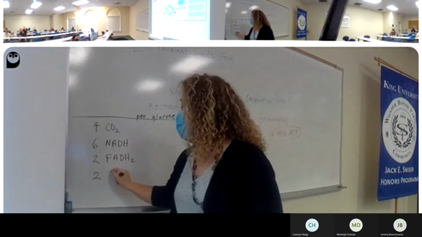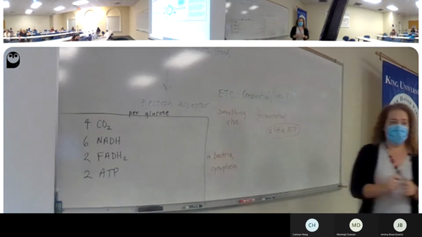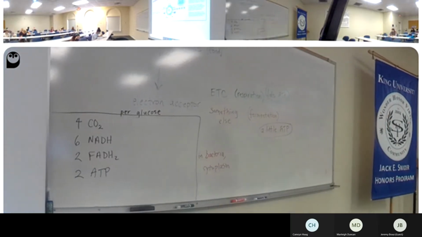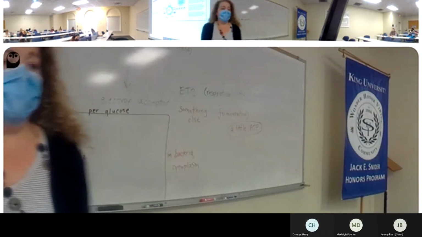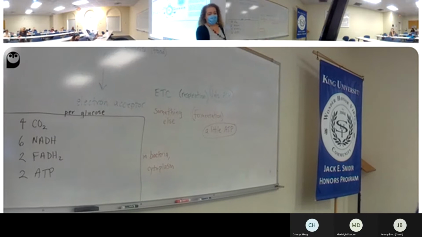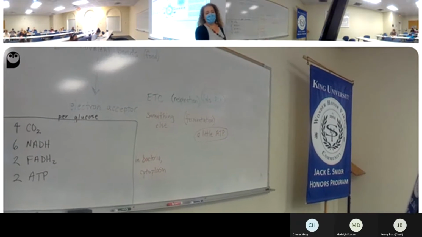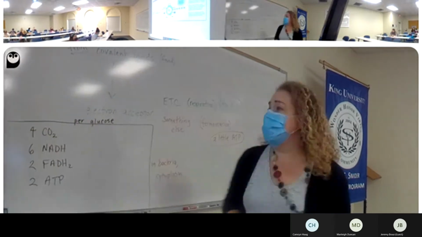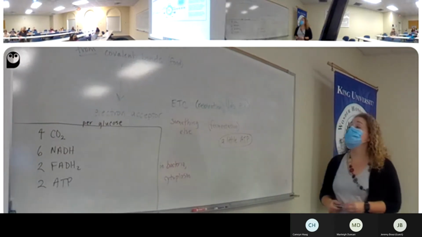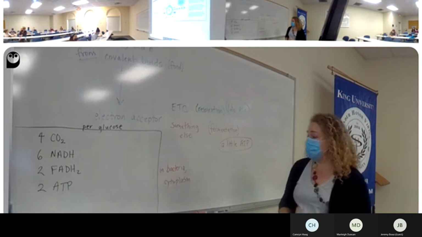And there are going to be 2 ATPs. Those are the major products. So per glucose. They're also listed over here on this thing here. Total yield. And this is like per glucose. 2 ATPs, 6 NADH, 2 FADH2s, and 4 carbon dioxide.